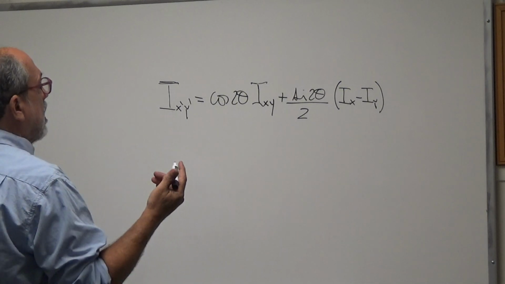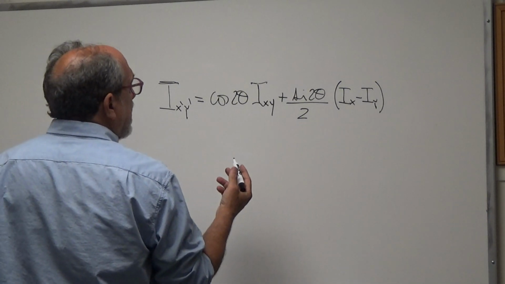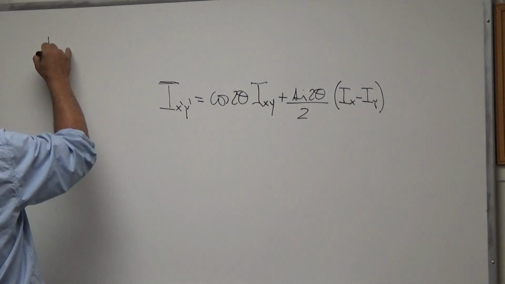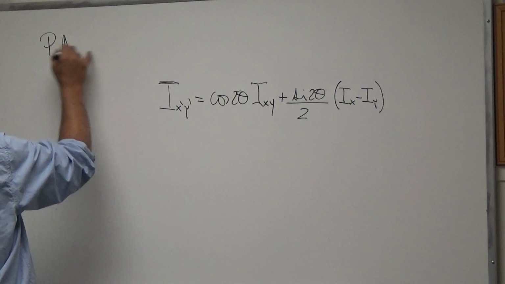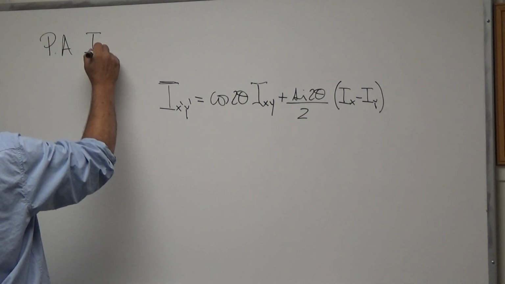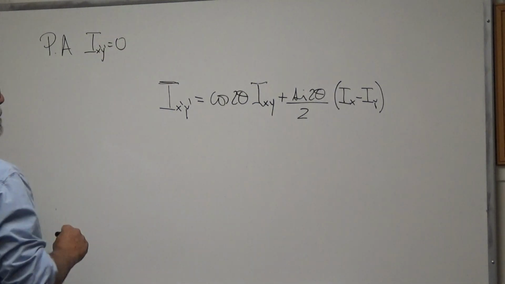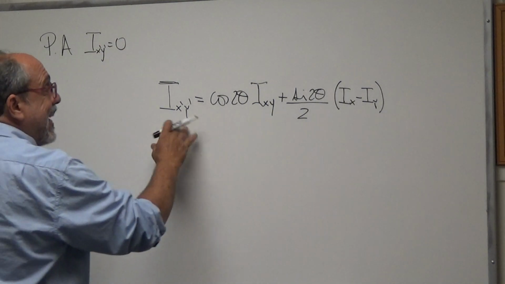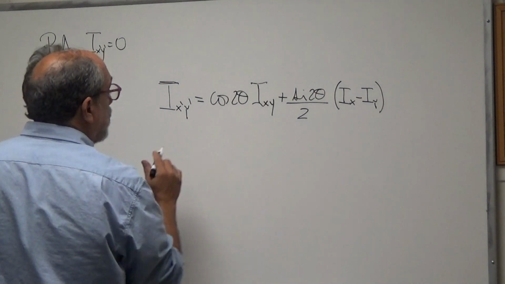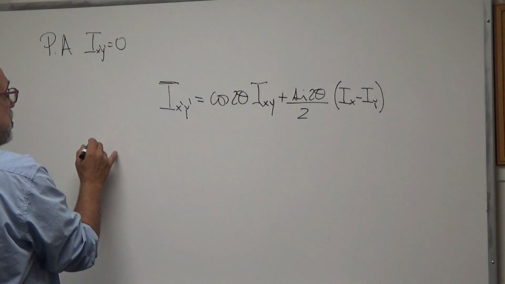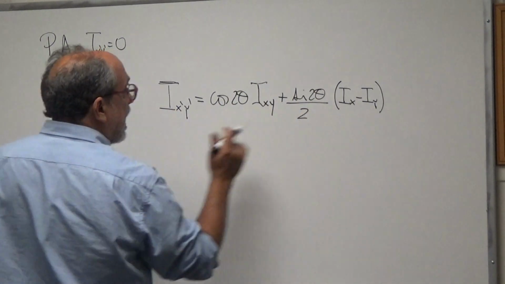Now, why did we do this? Let's remember. The point was that principal axes are the axes for which Ix prime y prime is 0, right? Therefore, in order to find what that angle is, we just simply make this equal to 0. So if we make it equal to 0, it's like making this equal to the negative of that.